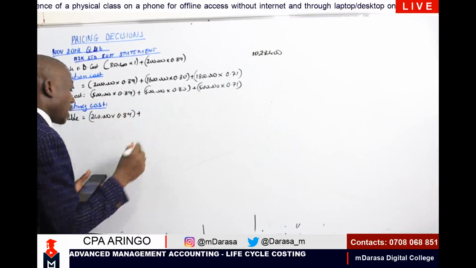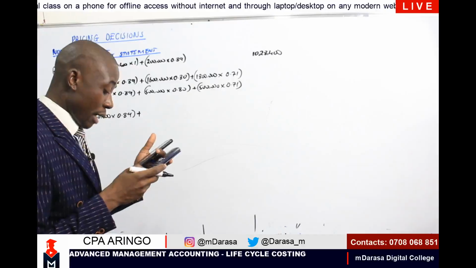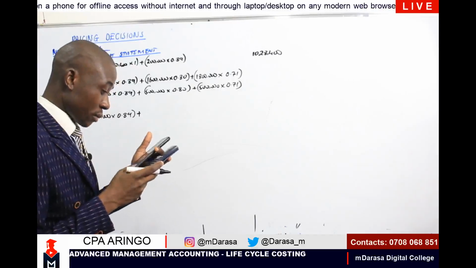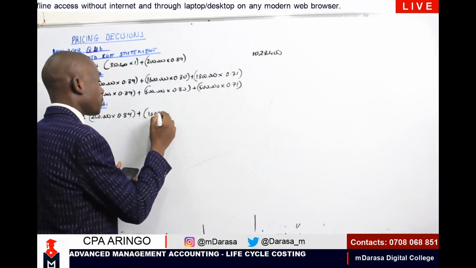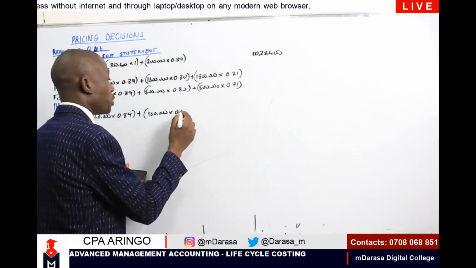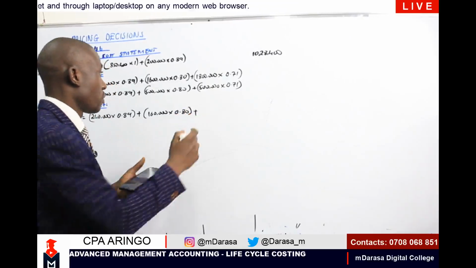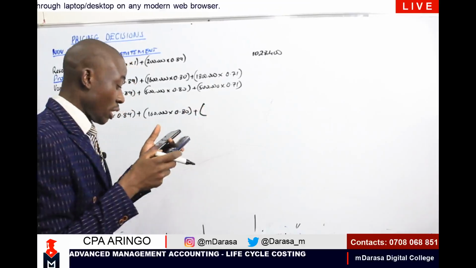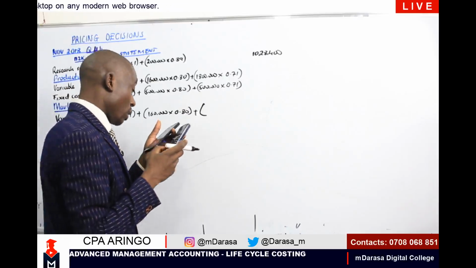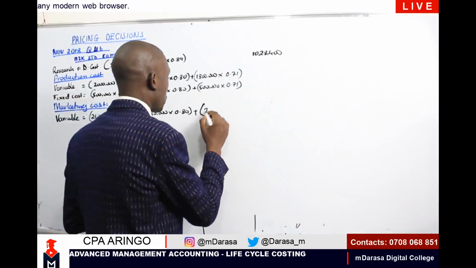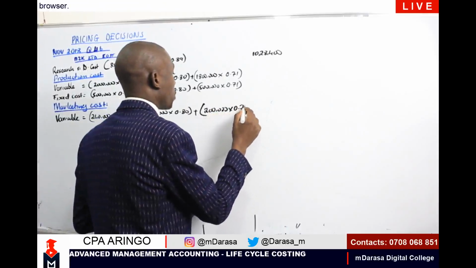We are going to add 8 by 20,000 to give us 160,000 by 0.80. We are going to add, my good student, year 3, where I'm having 10 by 20,000. That of course should give me 200,000. We multiply by 0.71.